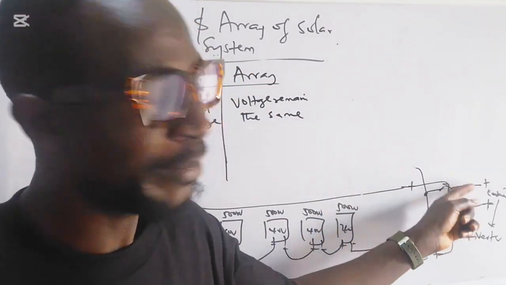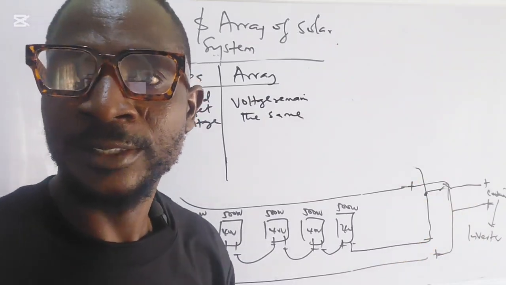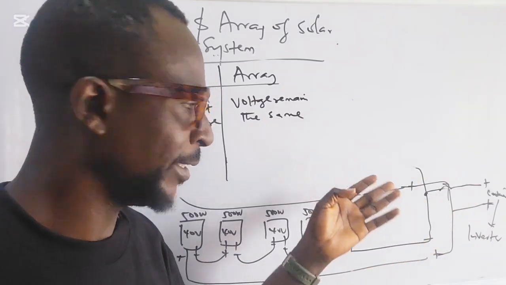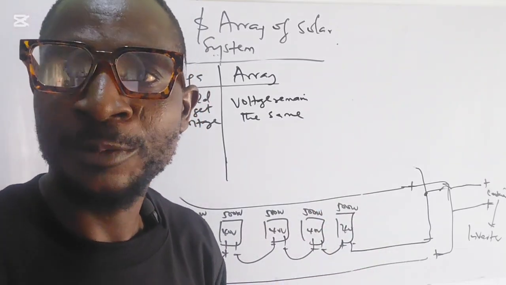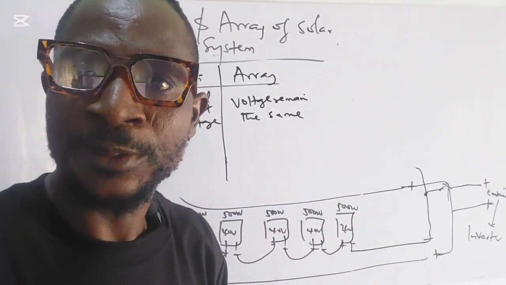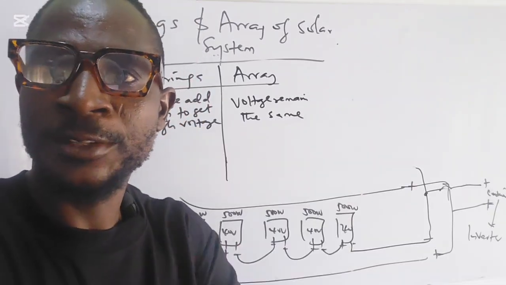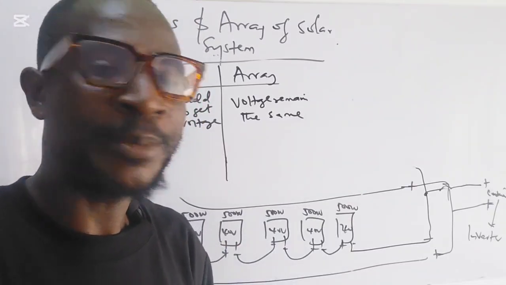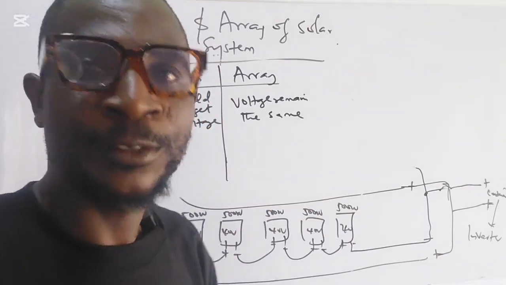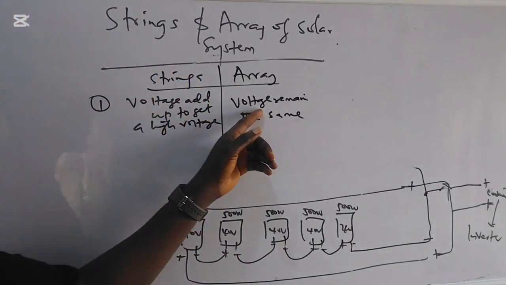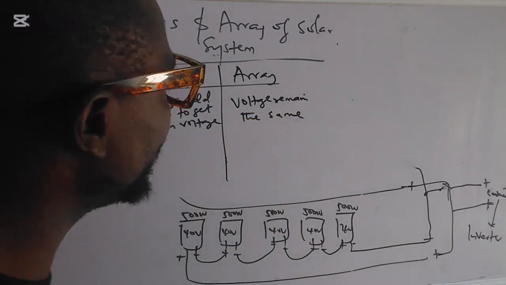because in a parallel connection, the voltage is the same while the current would add up. Because in a solar array, you parallel the number of strings you have. You parallel them together in a combiner box before sending it to your inverter. So the voltage remains the same.